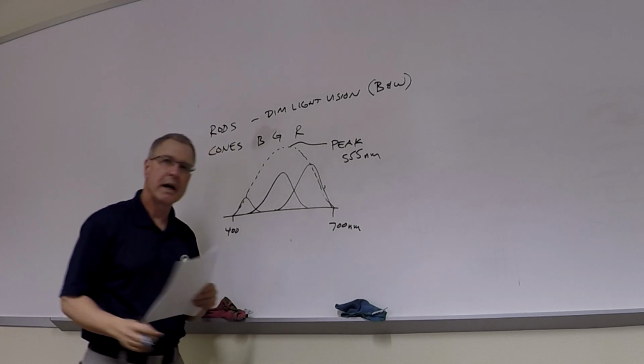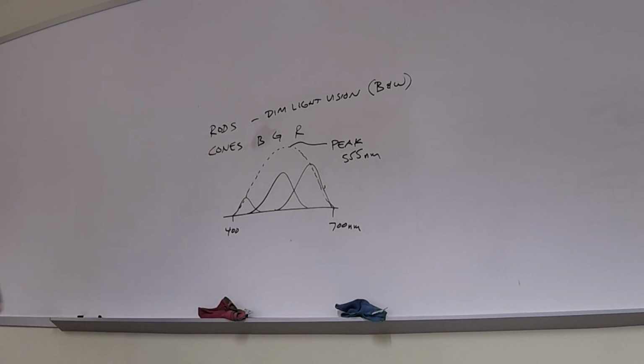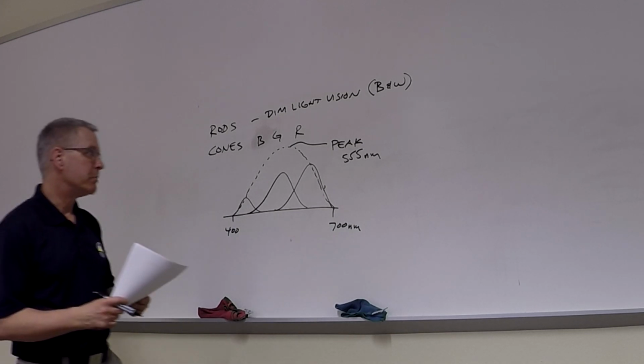And why our eyes might have peak sensitivity there? What's providing our light in the day, up until the advent of electricity? Sunlight, right? Yeah, that's yellow. That's what our sun looks like. So that's where we're designed to see best.